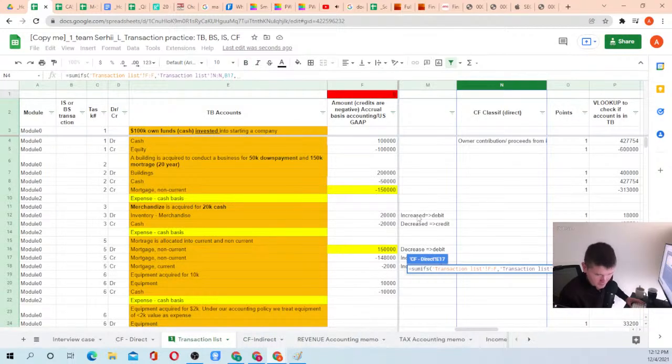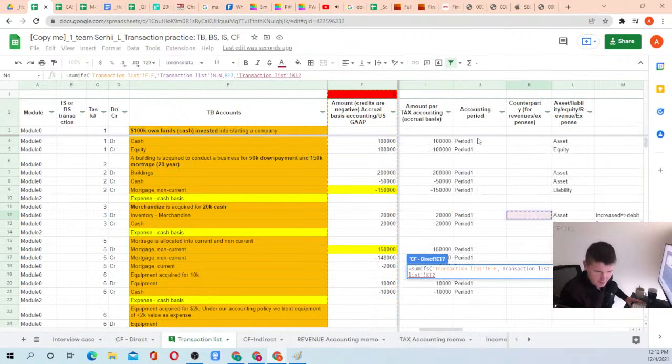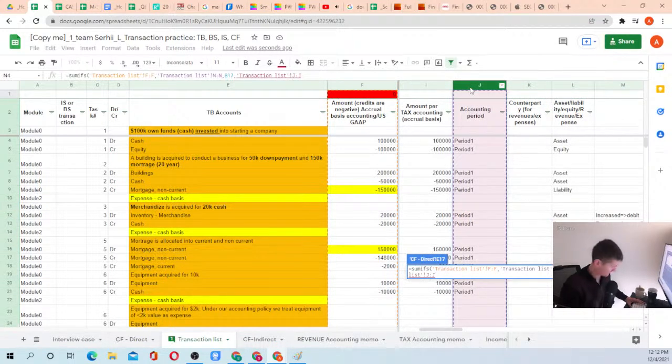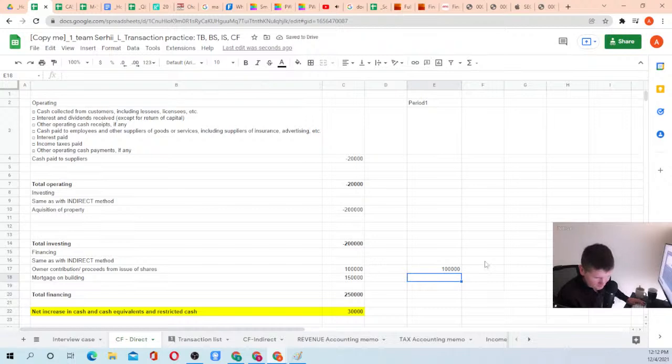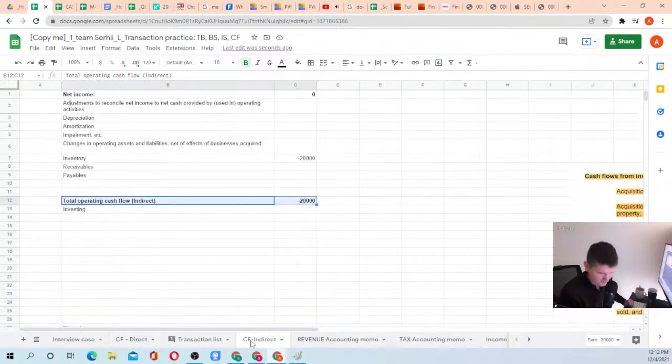Transaction list, and we have periods in that column. Okay, comma. We need to fix all our columns so that when we copy this formula around, nothing moves the way we don't want it to. We need to fix the row here and fix the column here. Okay, we had success with the owner contribution.